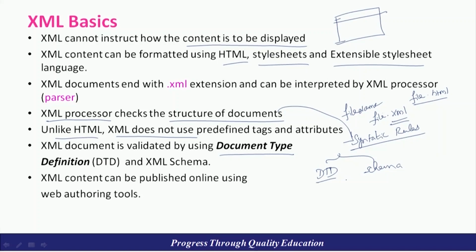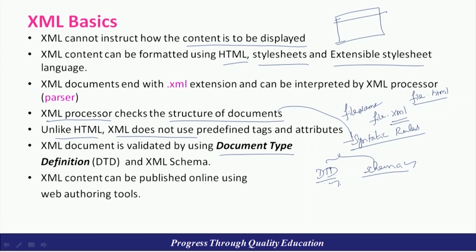That's why we have the schema definition, XML schema. The entire structure, starting with the XML element and its attributes and its content and its child, subchild, the entire XML document can be validated by using DTD as well as schema. Both are used for validation.